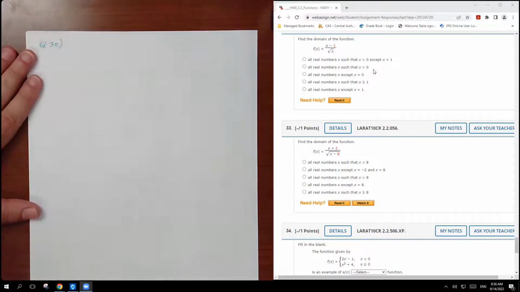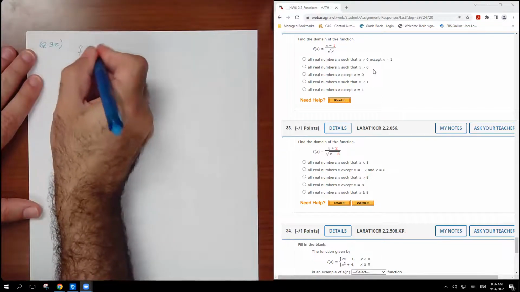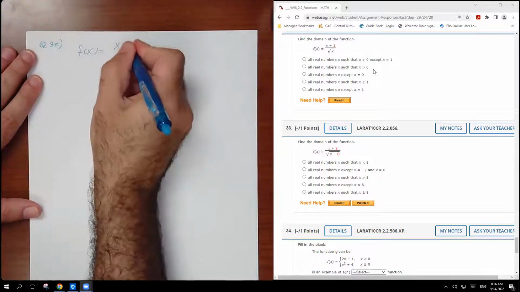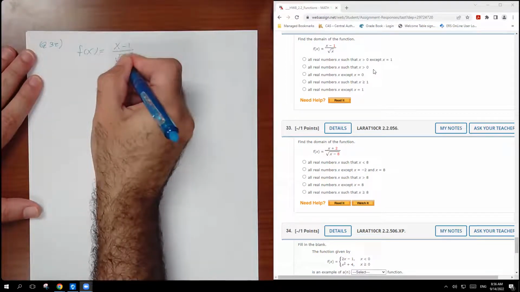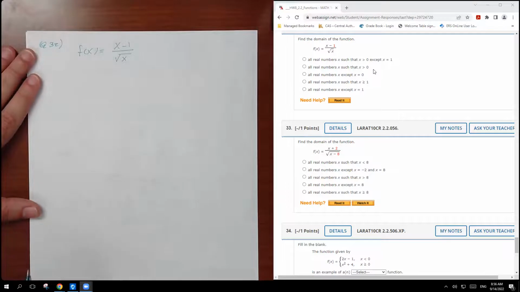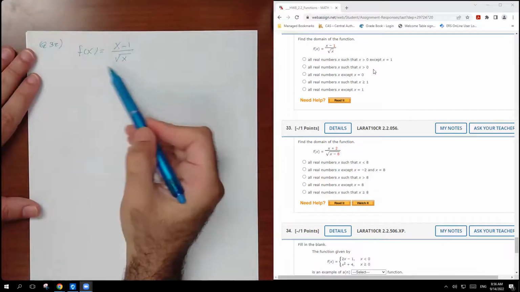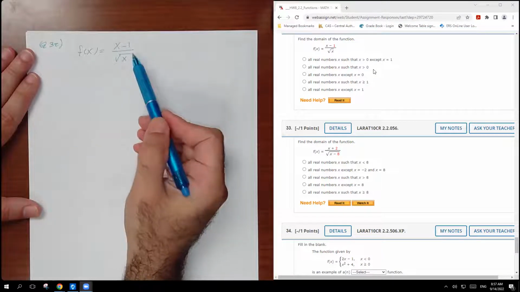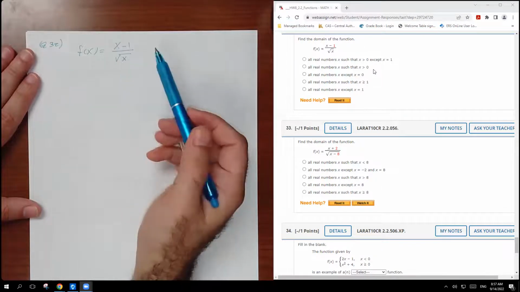How are we going to solve this one? f of x equal x minus 1 over square root of x. This is a rational equation, and at the same time, the bottom part is a radical. So how are we going to find the domain?